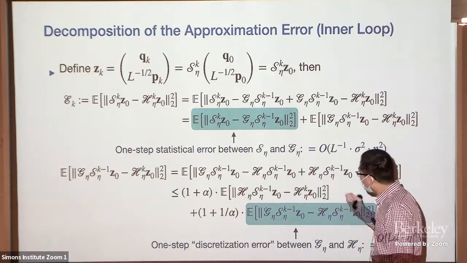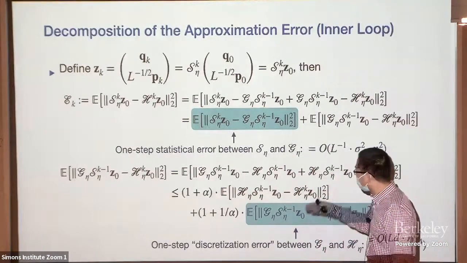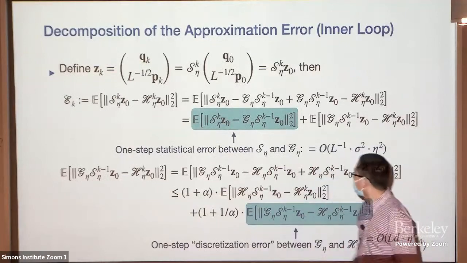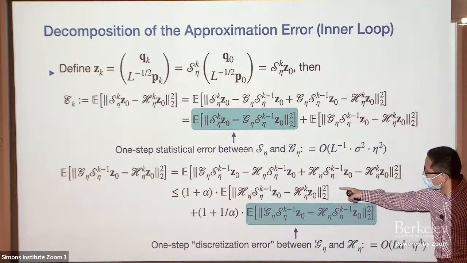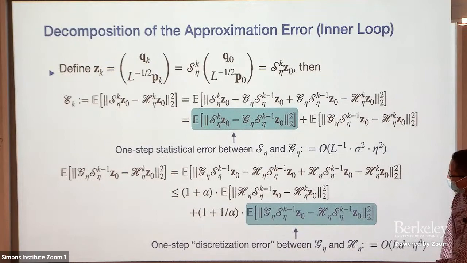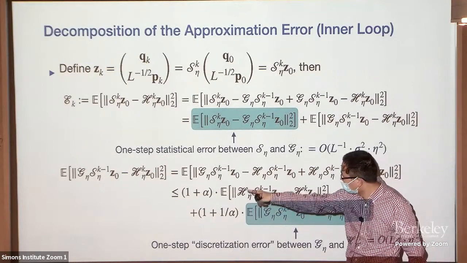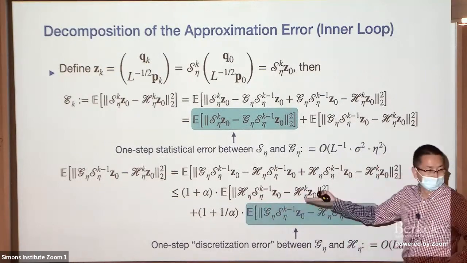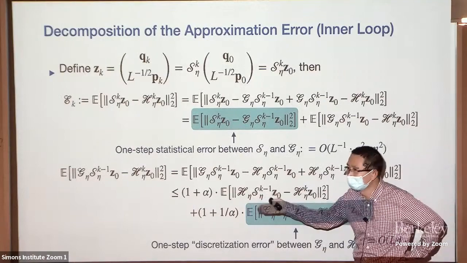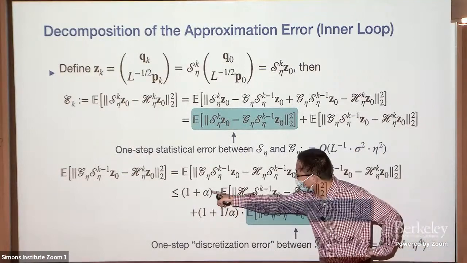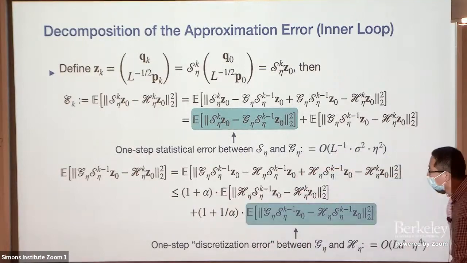Then we use Young's inequality to bound this term by the summation of these two terms. The version of Young's inequality we are using is the 1 plus alpha and 1 plus 1 divided by alpha version, because we want some additional degree of freedom alpha to bound this quantity.